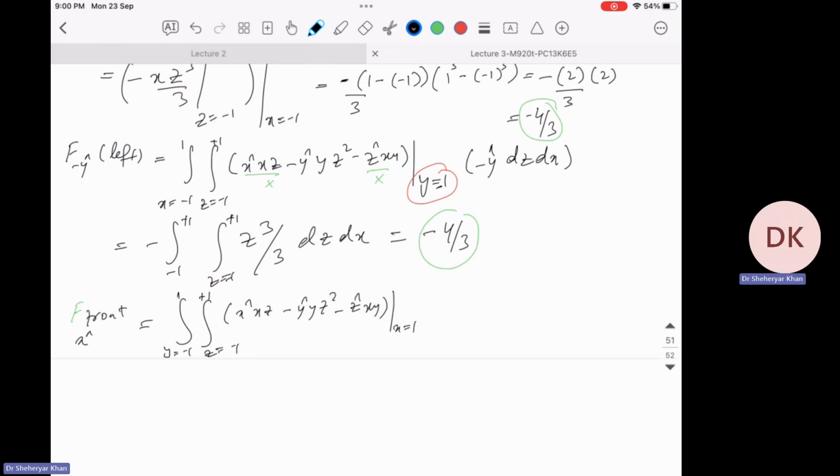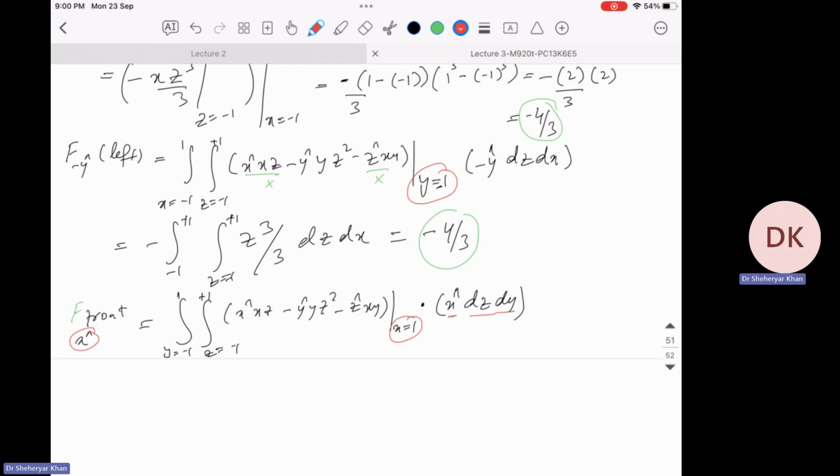Remember, x is equal to 1. Dot product with x dz dy. Okay. Because of the x equals to 1, you can have positive x here and zy, dz, and dy. These are the area components.